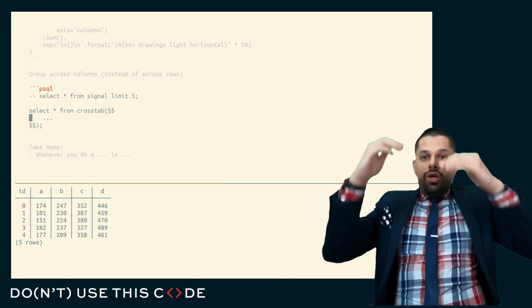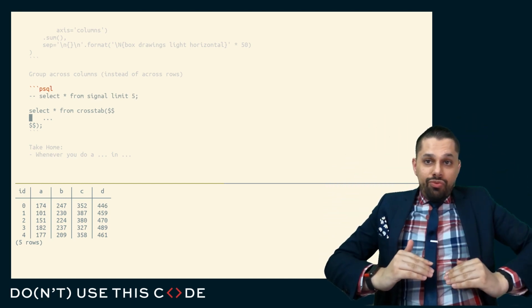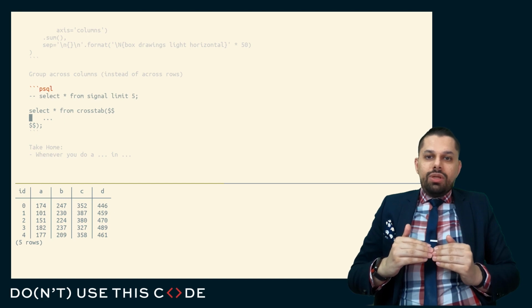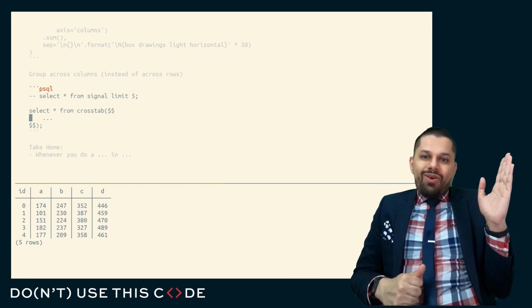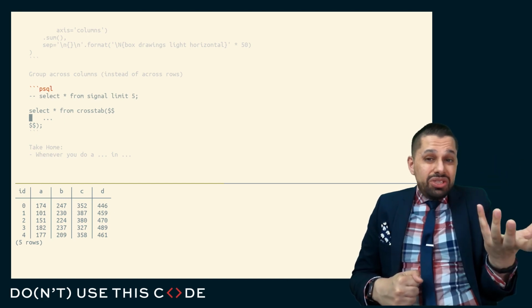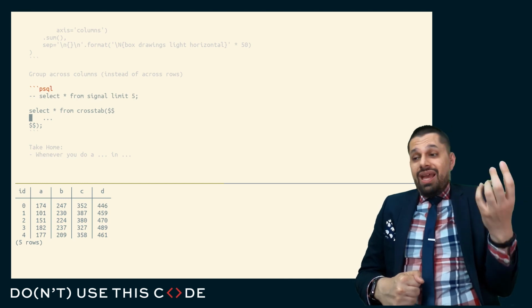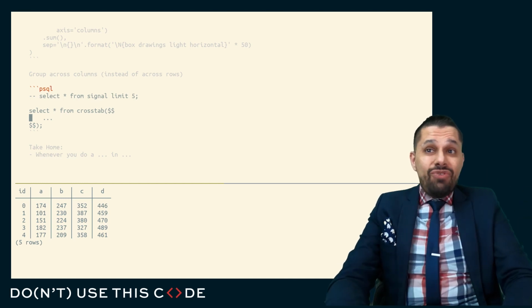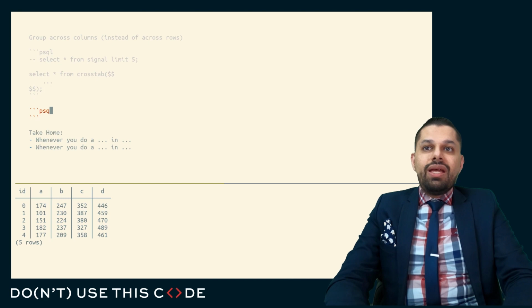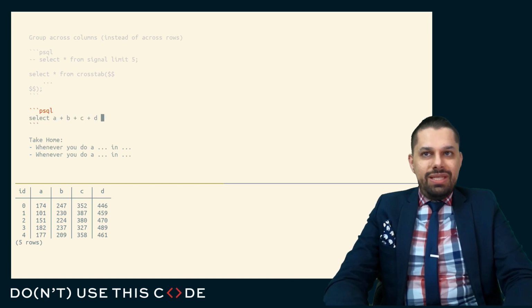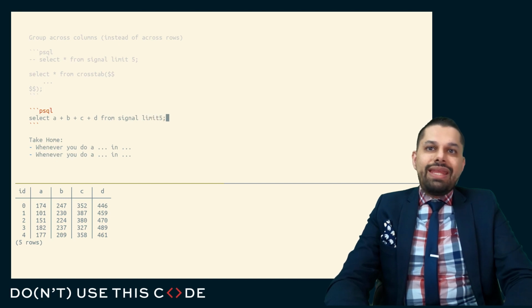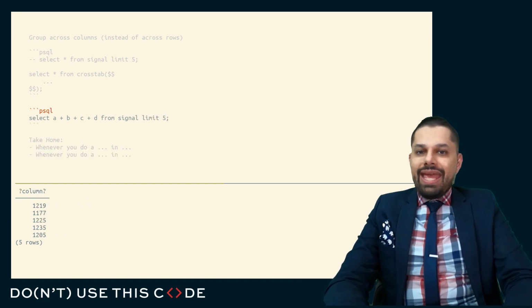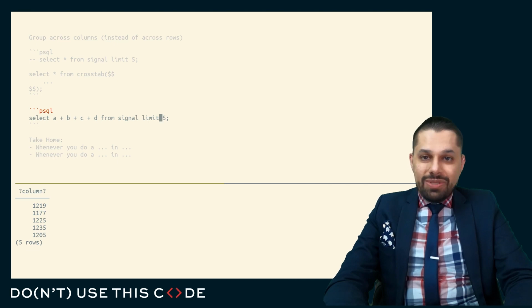You can definitely do all of these group bys down the rows of an SQL table, but to do them across the columns, whereas pandas doesn't privilege operations across the columns, SQL says, look, I can give you an operation across the columns. It looks like this. Select A plus B plus C plus D from signal. That's about the most I can do. I can't look at more than one tuple at a time. I can't really transpose this thing. It's not particularly meaningful.